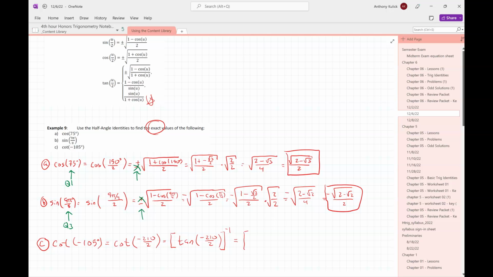So I'm going to have here sine of negative 210 over 1 plus cosine of negative 210, to the negative 1. So let's go ahead and do our reciprocal then. And I'm going to find the coterminal of the negative 210 because that's not a unit circle angle, right? So I'm just going to add 360 to that and make it 150.